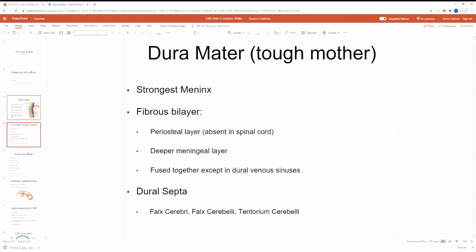So let's look at Dura Mater first. This literally translates to tough mother. If you think about the word durable, it's just something that is tough, basically. So Dura Mater, mater means mother, so tough mother. It is the strongest meninx. Meninx is just a singular form of meninges. It is quite tough. In the cadaver lab, we have 1 or 2 preserved Dura Mater.